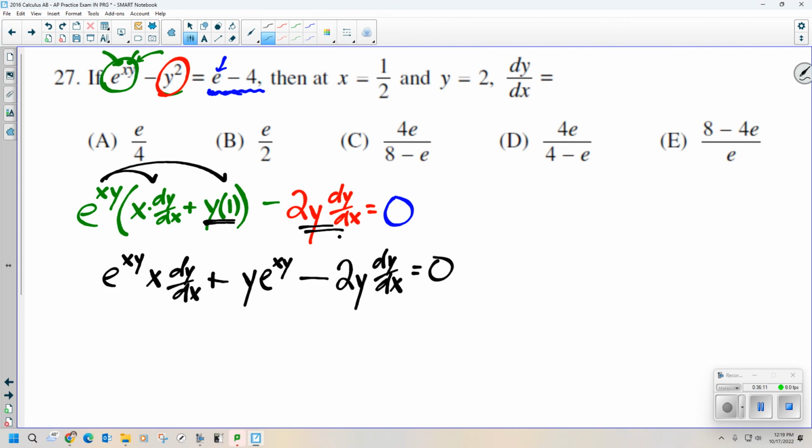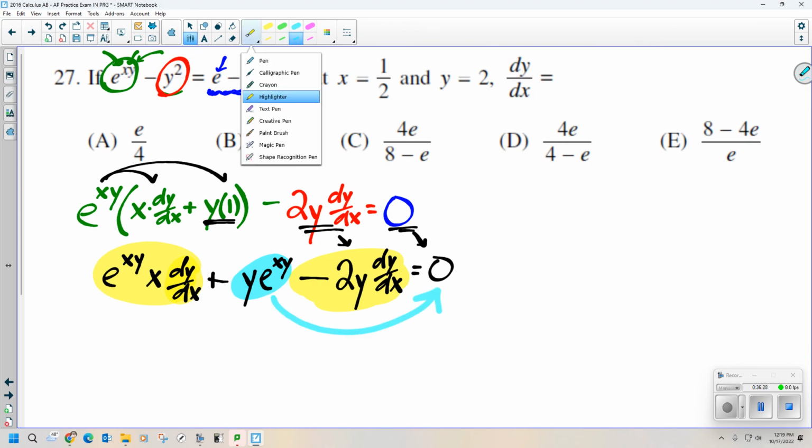I didn't do anything here or here. I need to keep everything with a dy dx on one side so I can factor it out. Anything without a dy dx needs to go to the other side. All right? So let's do that.